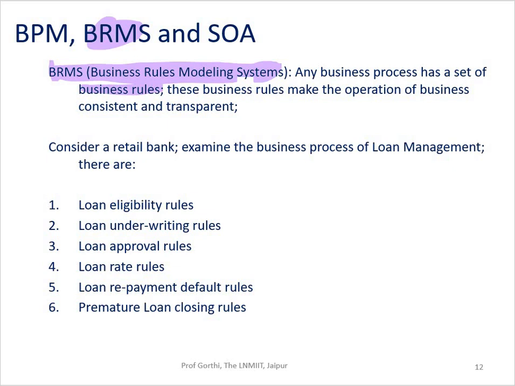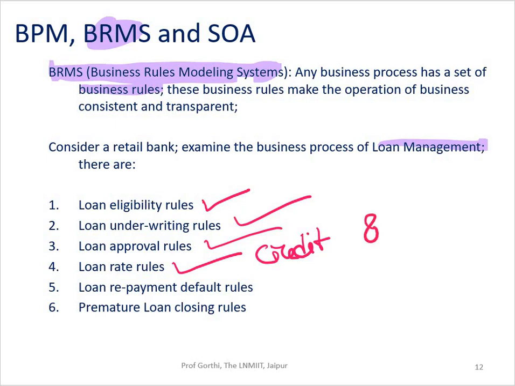Now let's examine the business process of loan management. So some of the rules are like the loan eligibility rule, which we were talking about previously, loan underwriting rules, loan approval rules, loan rate rules. Based on my credit ranking, I can get, let's say, a home loan for 8%, or I can get it for 7%, or for 6.9%.